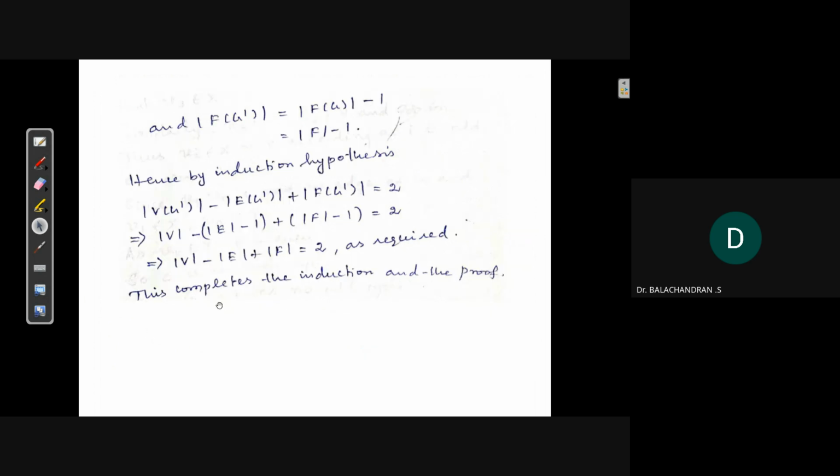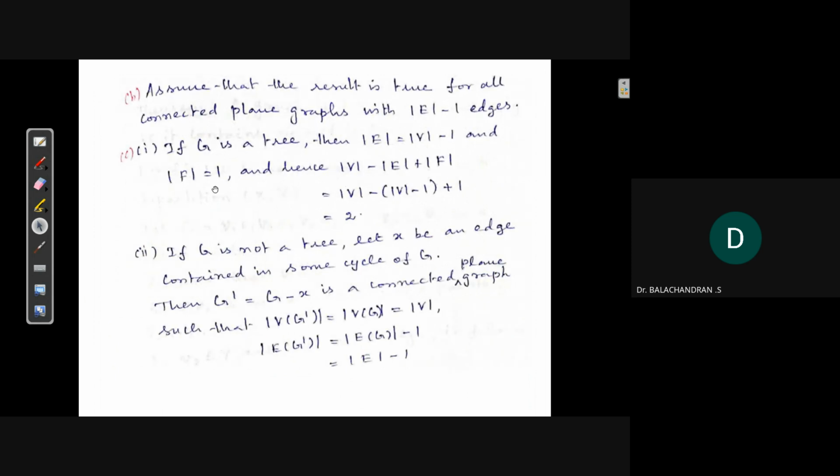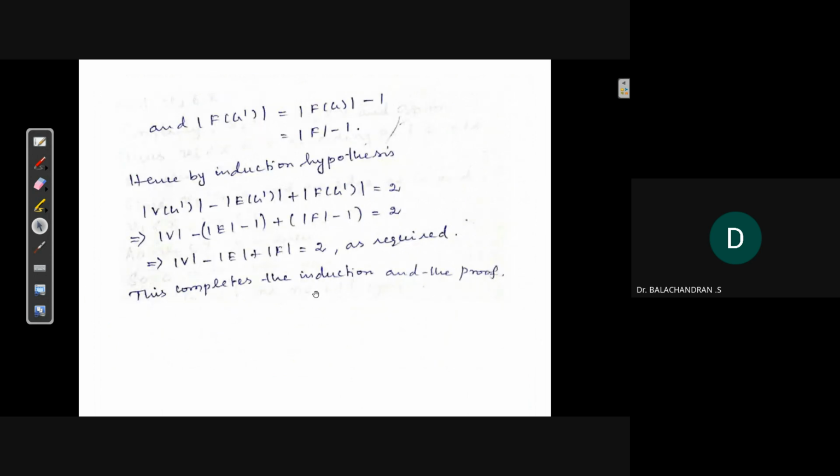This is true by the induction hypothesis, because you assumed the result is true for a connected plane graph with cardinality of E minus 1 edges. G dash also has cardinality of E minus 1 edges. So by the induction hypothesis, Euler's formula is true for G dash.